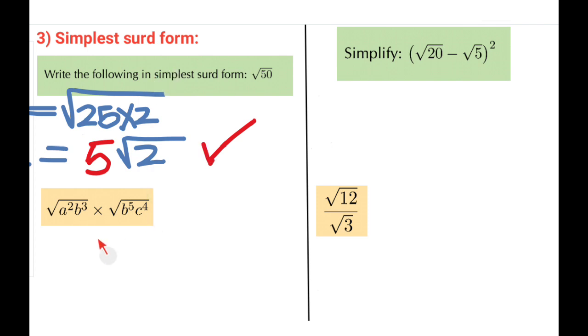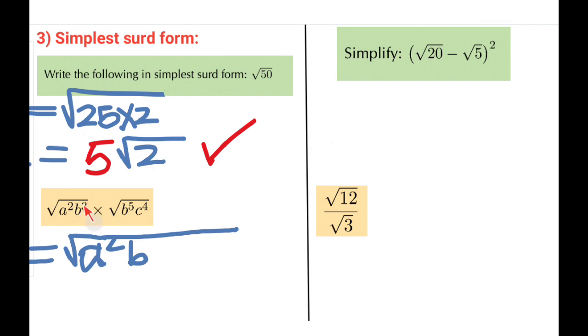Another situation is when we are expected to simplify a situation like this. This is very easy. You just put everything in one square root. So you go a squared times b cubed times b to the power of 5. When you multiply powers of the same base, you add the exponents.